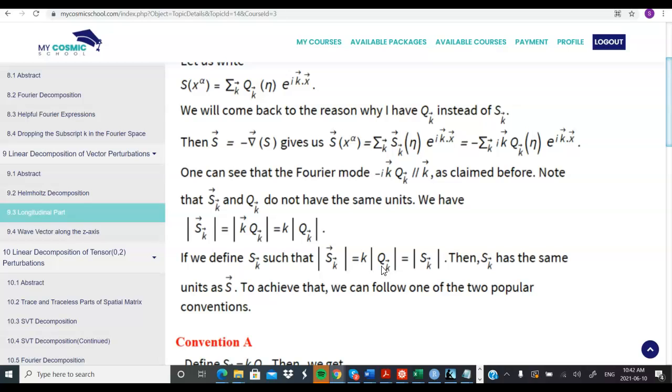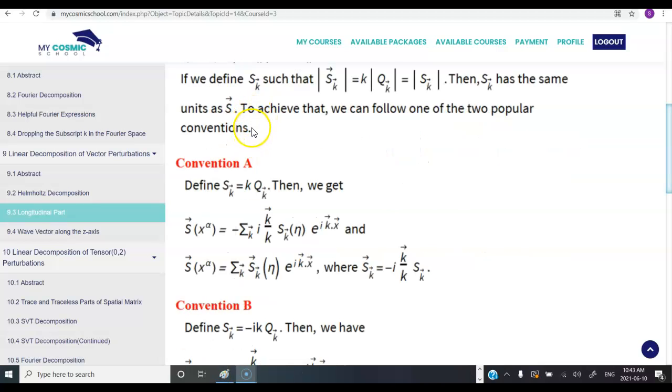Now I can write qk in terms of sk as long as I honor this equality, k times the absolute value of qk is equal to the absolute value of sk. If I honor this expression, I can substitute qk in terms of sk.